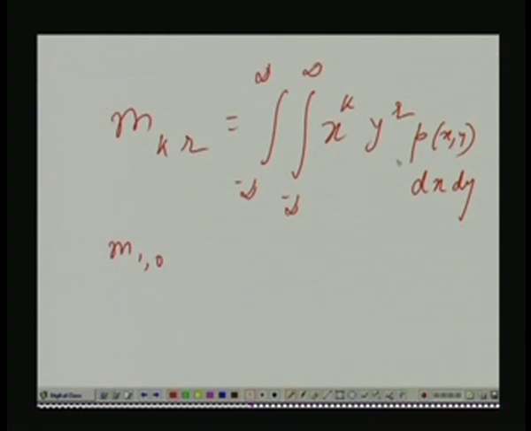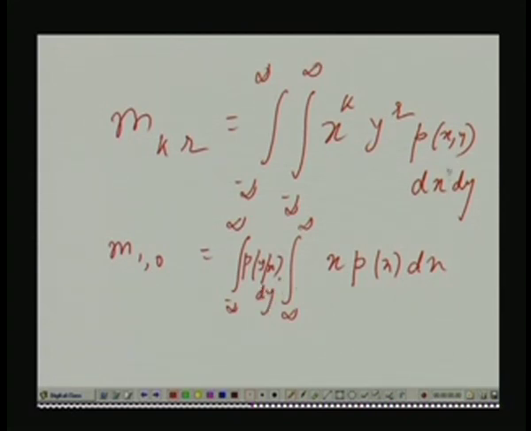And p x comma y can be written as p x times p of y given x. So, this integral is 1 because conditioned on any x, the total probability of y taking values from minus infinity to infinity is equal to 1, and this is the mean value of x. So, M10 is mu x. Similarly, M01 will be mu y, the mean of y.